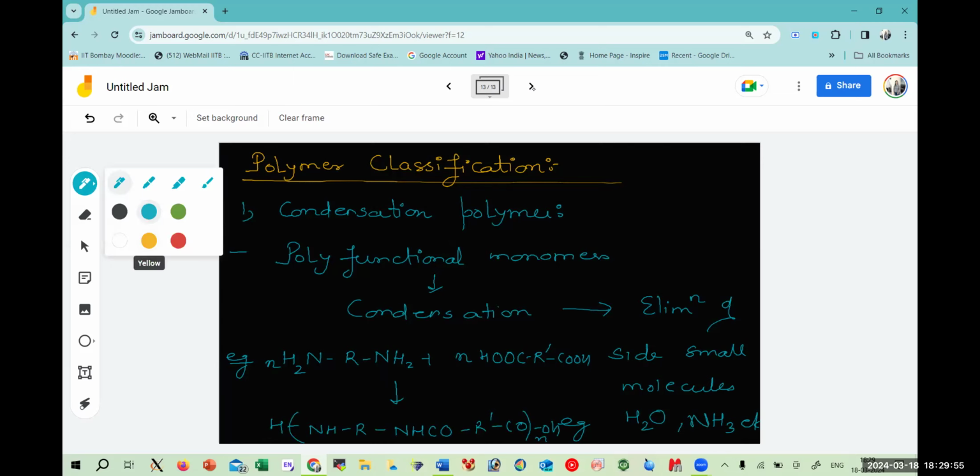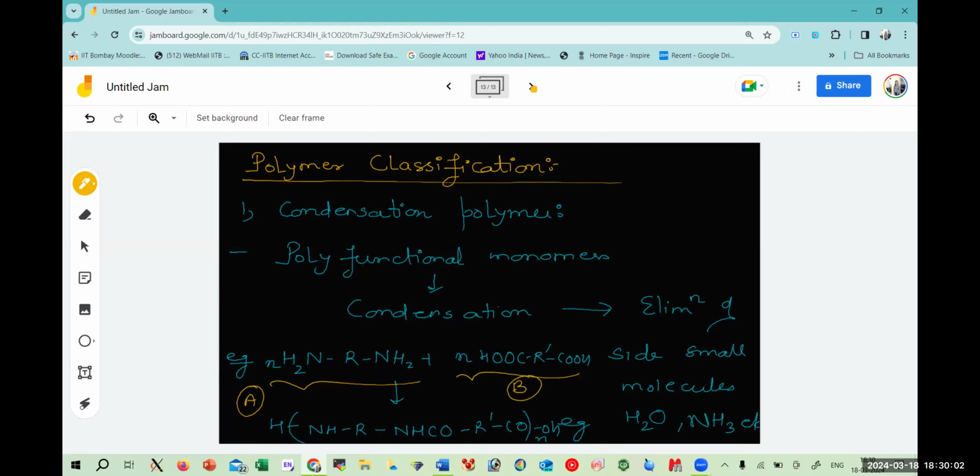So here if you will see, this is your monomer A, this is your monomer B. Both are functional, so we have the polyfunctional thing.